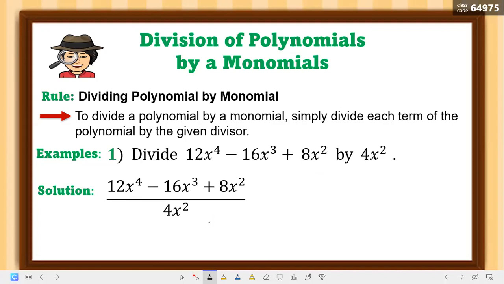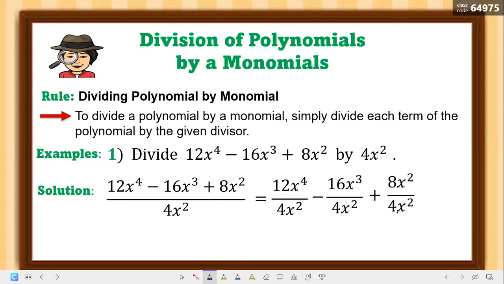So we have this, 12x raised to 4 over 4x squared. Okay, isa-isa natin, no? And since negative 2 or minus, eto pa rin yung sign niya kapag sineparate natin. And yung ating plus 8x squared over 4x squared. Remember, pag sineparate mo each term, pare-parehas yung divisor. And i-divide natin, katulad ginawa natin kanina, no, everybody?